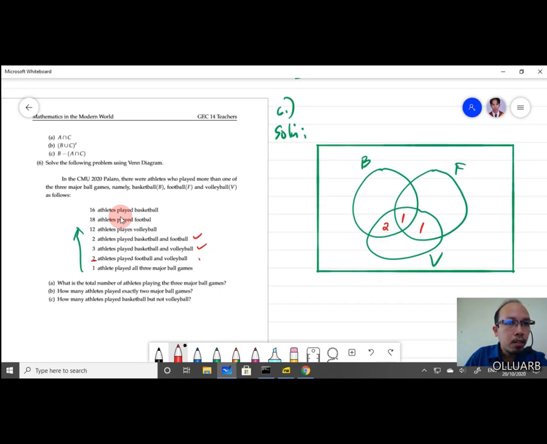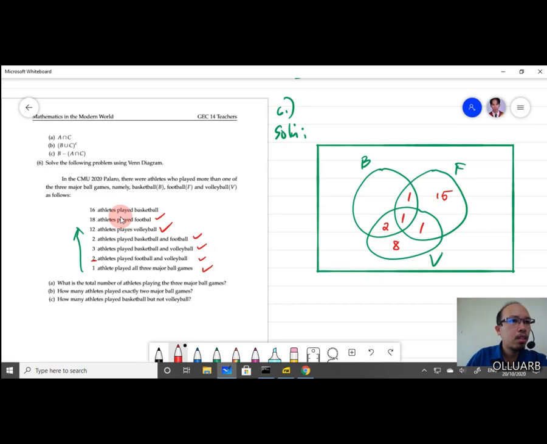So for this one, 2 athletes played basketball and football. Basketball and football we have 2 athletes, so we have 1. 1 plus 1 is 2. Okay. 12 athletes played volleyball. Volleyball 12, so 2, 3, 4. 12 minus 4 is 8. And then 18 football. 1, 2, 3, so we have 15 here.